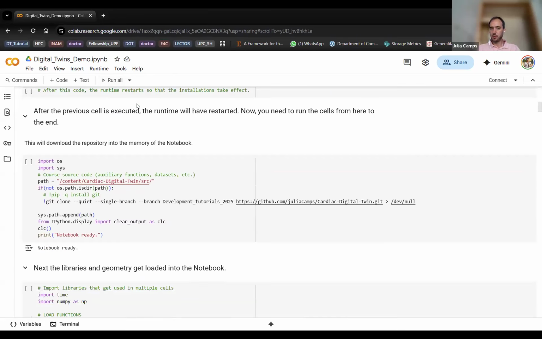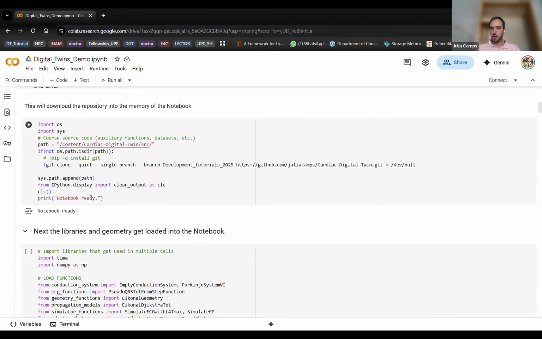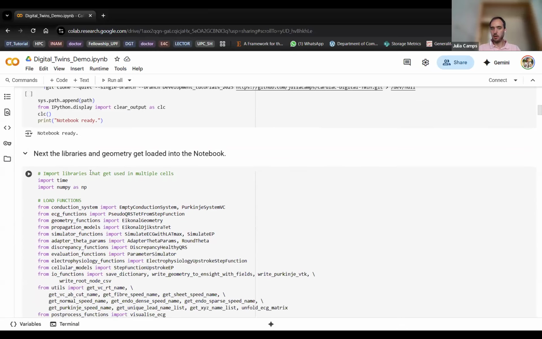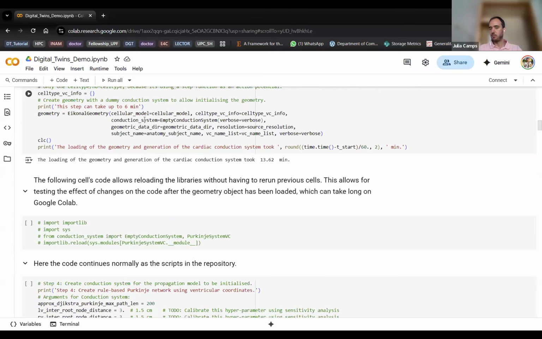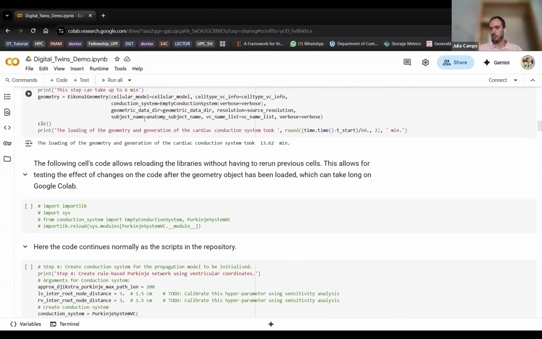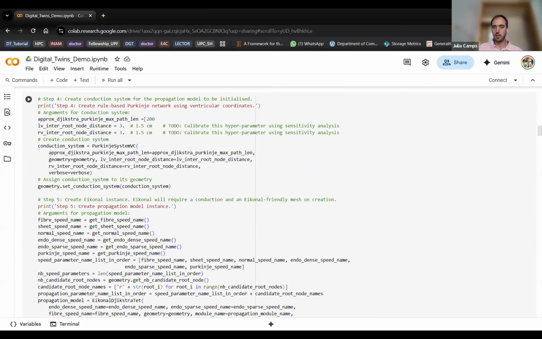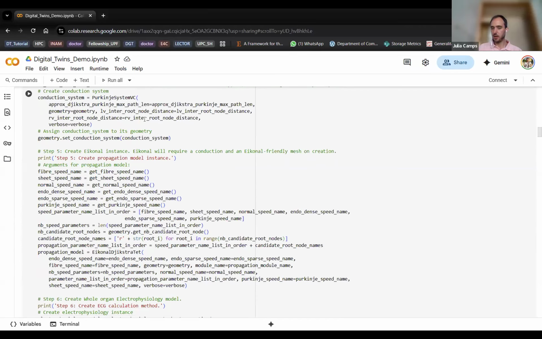Then it needs to restart the process to load these packages. Here it downloads my GitHub, but it doesn't download it into your computer. It downloads it into the Google Colab itself, that has its own memory, right? And then now it starts loading all the different packages and doing the pre-computations for running some simulations of cardiac electrical function, right?